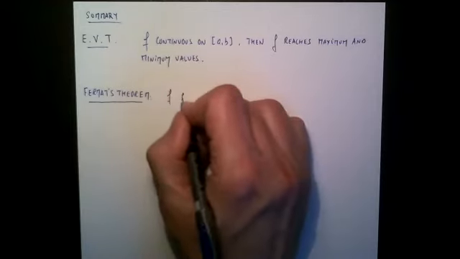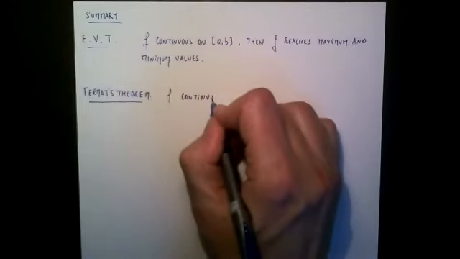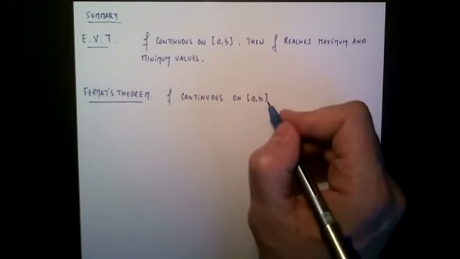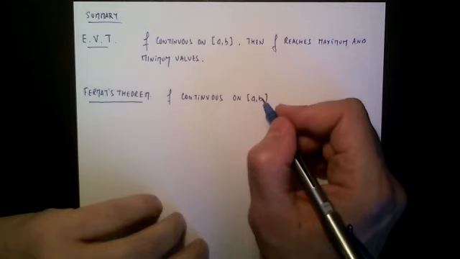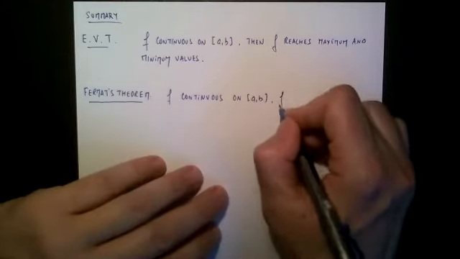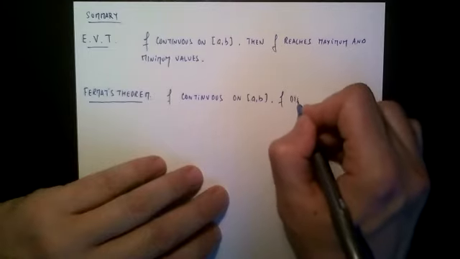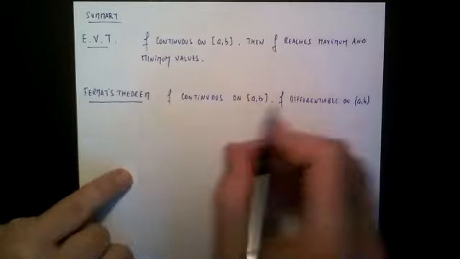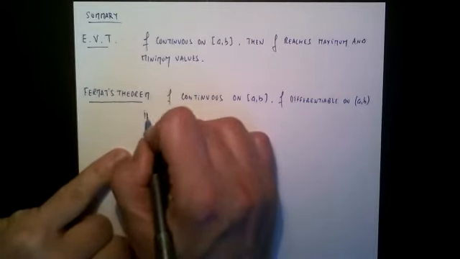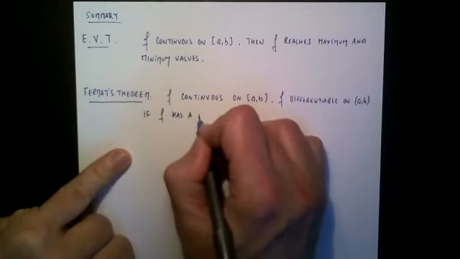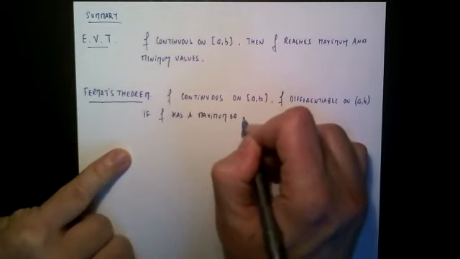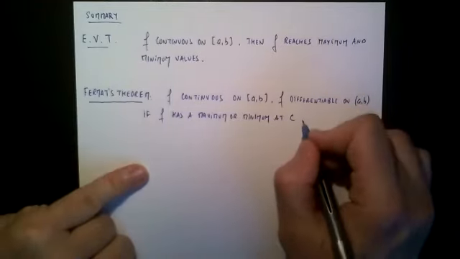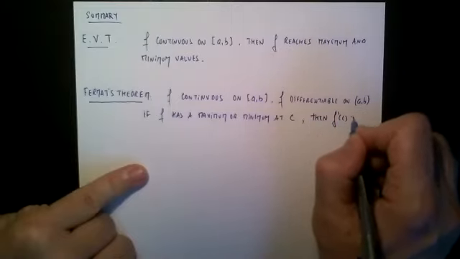So f continuous on AB and f differentiable on AB, then if f has a maximum or minimum at C, then f prime of C is 0.